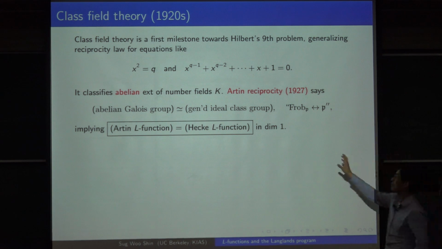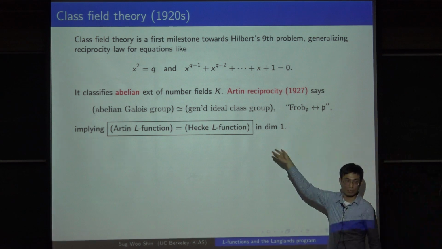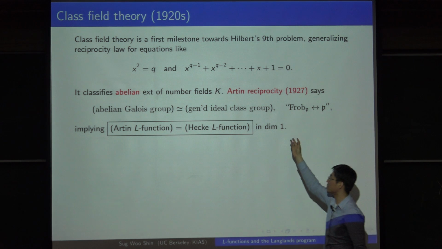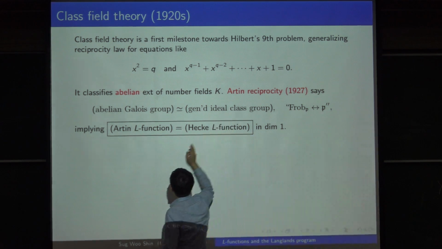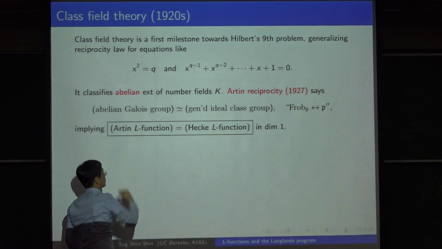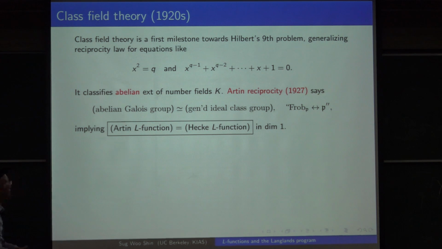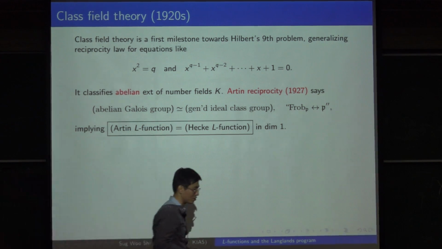Prime ideals are elements of the ideal class group, and Frobenius is an element on the left-hand side. They correspond. So that's really a generalization of the canonical isomorphism for cyclotomic fields.